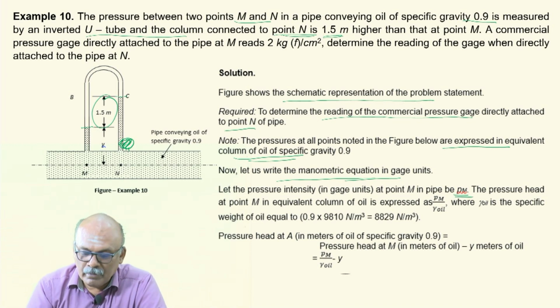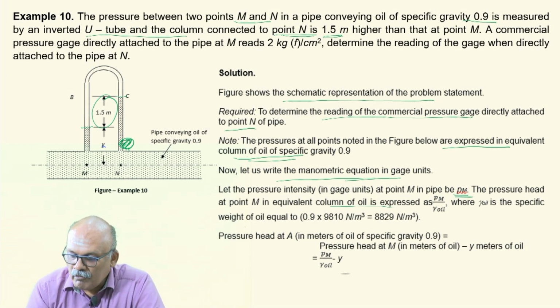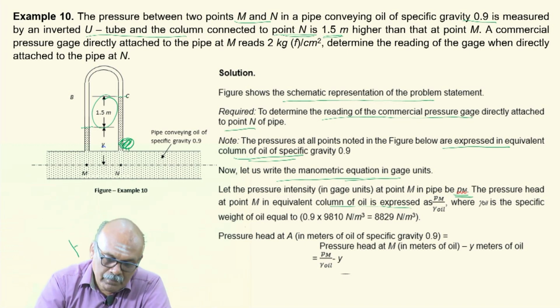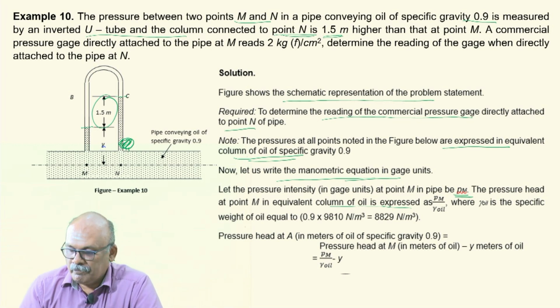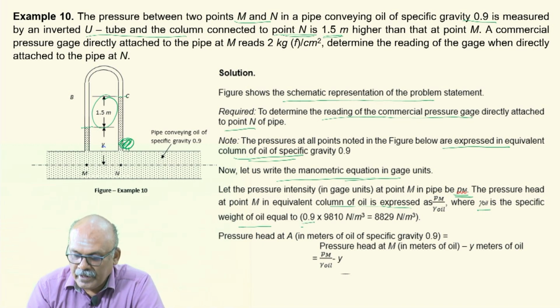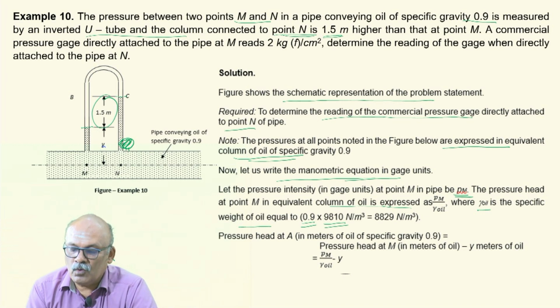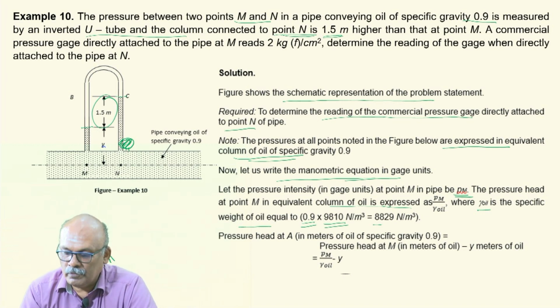The pressure head at point M in equivalent column of oil is expressed as Pm by the specific weight of oil which is flowing in the pipeline. So, gamma oil is the specific weight of oil, which is equal to 0.9, that is specific gravity of oil, multiplied by specific weight of the standard liquid, that is water, 9810 Newton per meter cube. So, you get 8829 Newton per meter cube as the specific weight of oil.